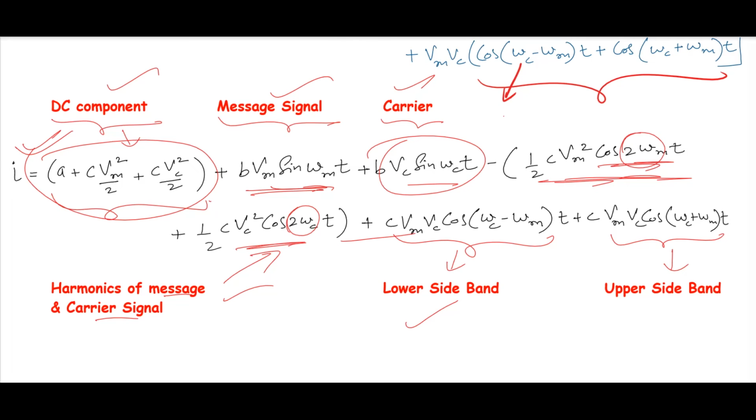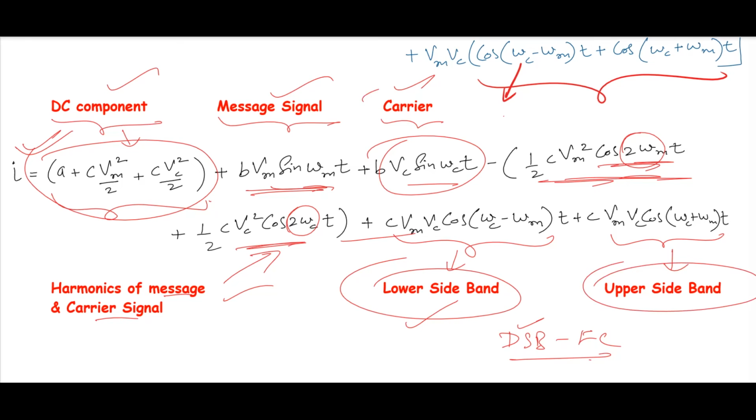To get the requisite AM components, since this is a DSB-FC system, the requisite components are the double sideband, meaning lower sideband and upper sideband, and one full carrier. All the other components need to be eliminated. These components can be selected by using a tuning circuit that resonates at the carrier frequency with a bandwidth equal to twice the message signal. We have already discussed that. It will tune to the frequency fc, or omega c, and it will have a bandwidth of twice fm, or twice omega m.